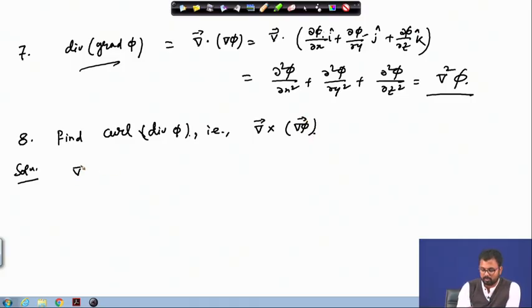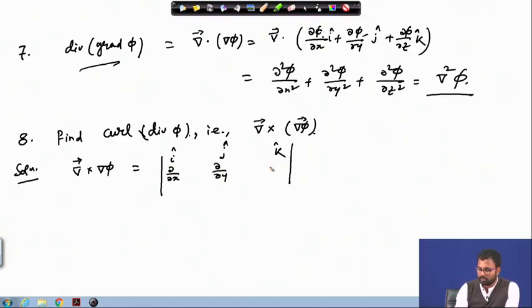So, nabla cross gradient of phi is basically the determinant with i, j and k. Nabla is del del x, del del y and del del z, and gradient of phi would be del phi del x, del phi del y and del phi del z.